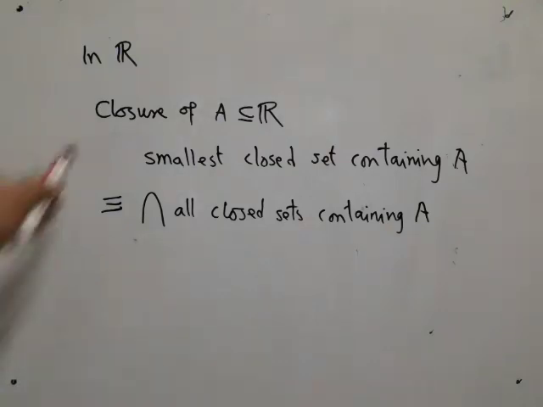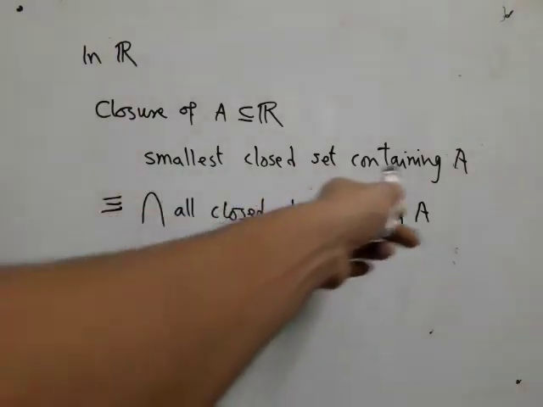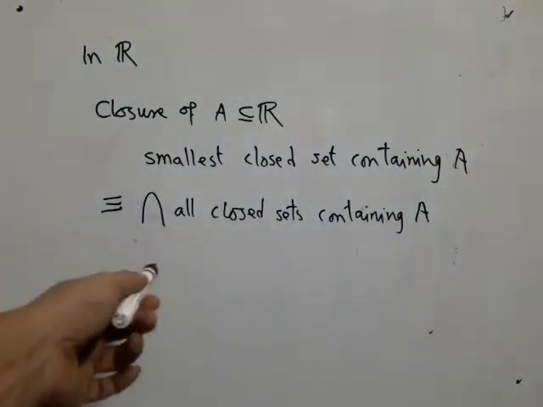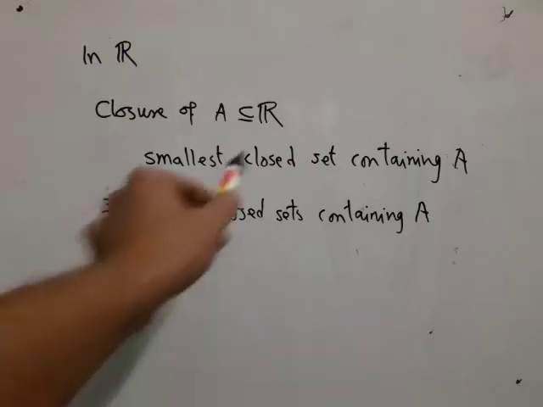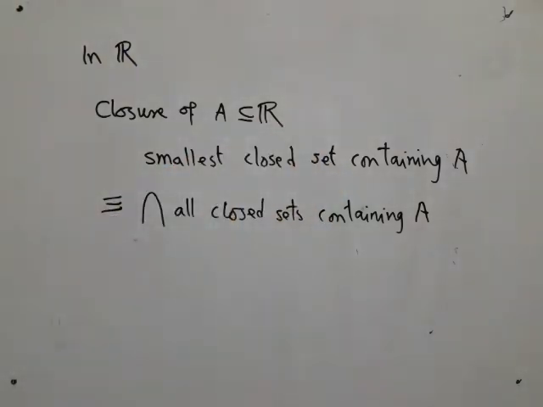That is why we had closure, but we did not have anything called opener, because there we cannot talk about the smallest open set containing A. If I take the intersection of all open sets, that intersection need not be open. So we use the same technique, except that in place of closed sets I worked with sigma algebras. That's all.